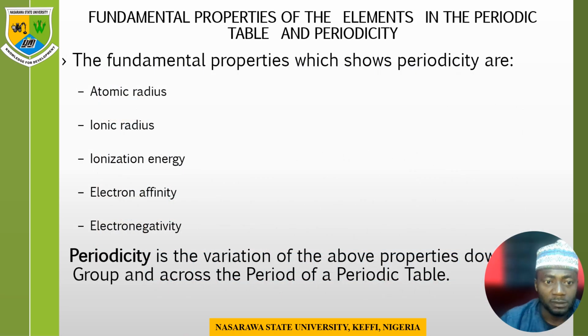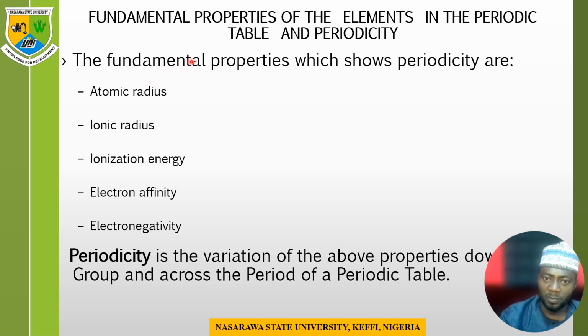Now the elements in the periodic table exhibit properties, and these properties vary at regular intervals as we move from left hand side to the right hand side of the table, and also as we move from the top of the table to the bottom of the table.